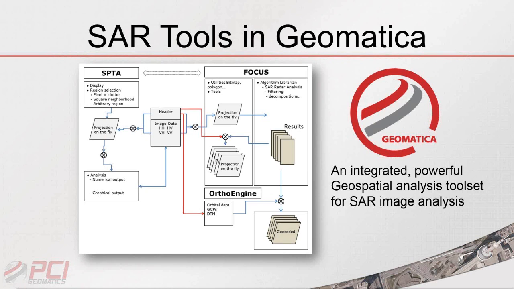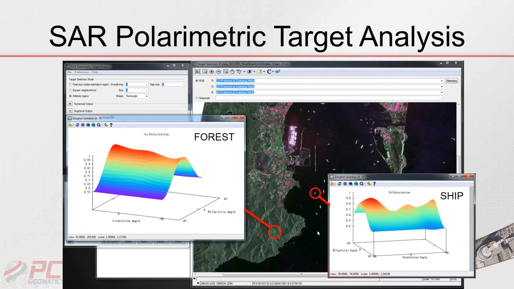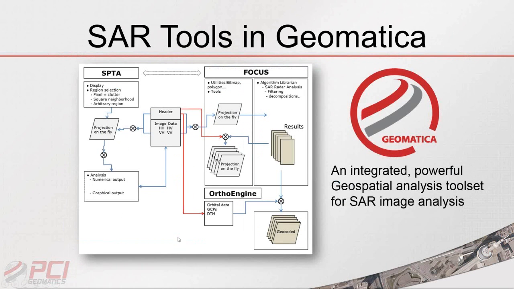We have Focus, which is our viewing and analysis environment where the user can interactively perform individual workflow tasks one by one. And then we have at the end our OrthoEngine tool, which allows you to generate our geocoded end products that line up perfectly with the Earth's surface or reference data that you have.